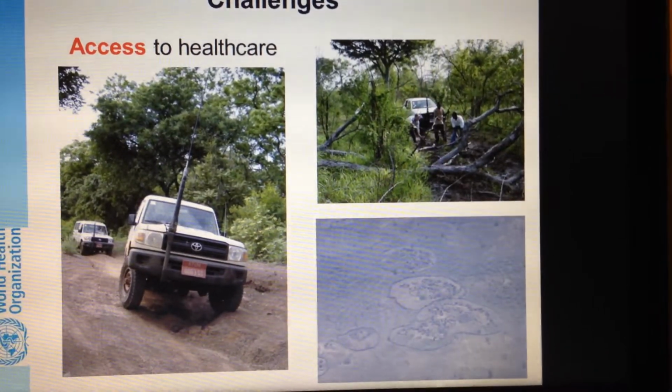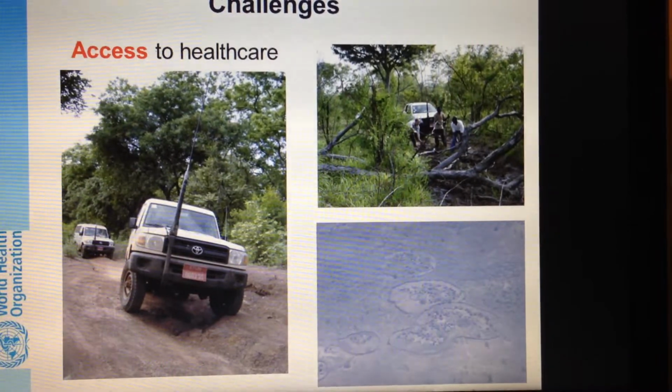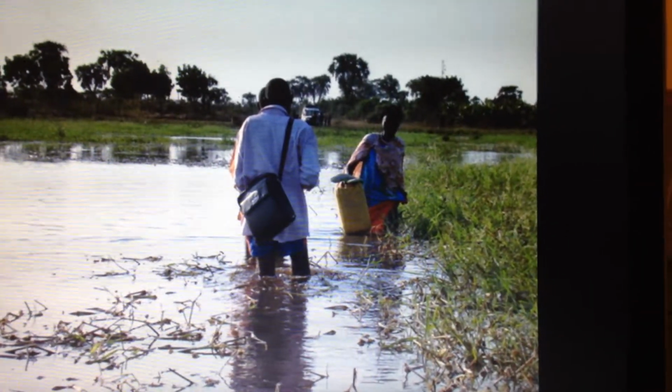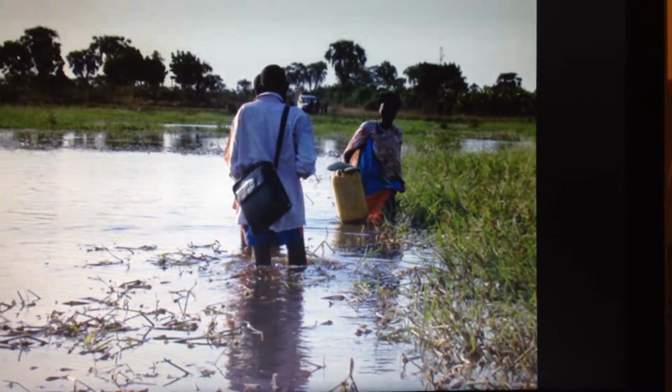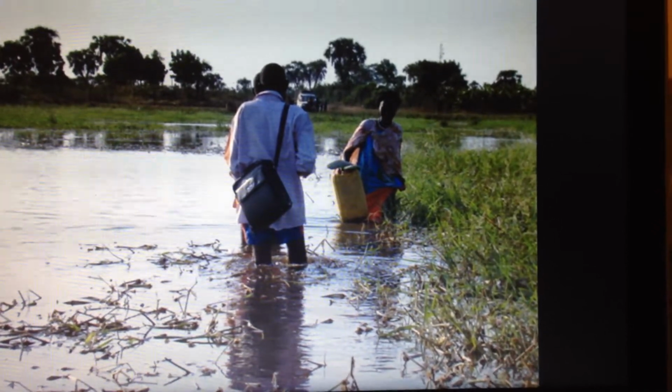In this picture taken from the plane, you can see how remote the villages are and how isolated. Sometimes we need to work in very hard conditions, and the people themselves, they live in very hard conditions.